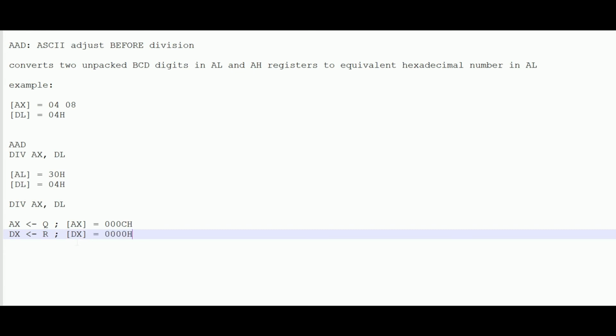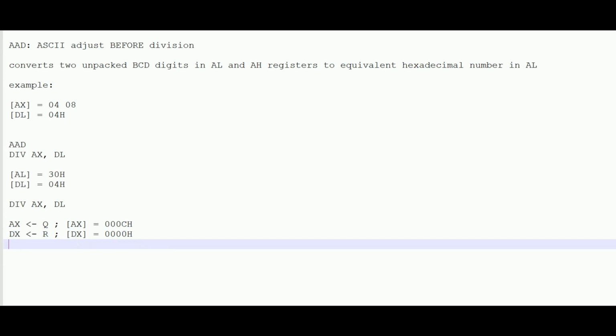0000H. Now I have provided an algorithm for your AAA instruction and AAM instruction. Now it is your task to provide the algorithm for AAS and AAD instructions and mail the same to me. Okay, so this is your task to be done. Till now we have discussed 4 instructions which are ASCII adjust instructions.